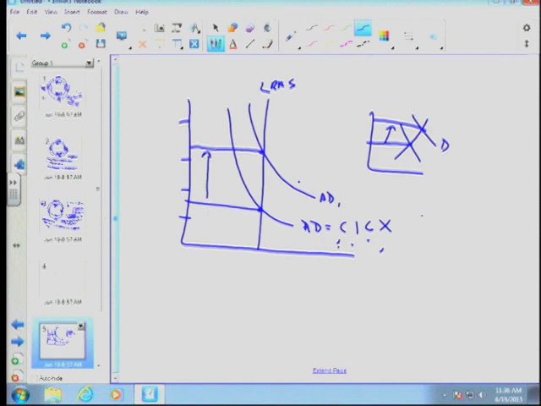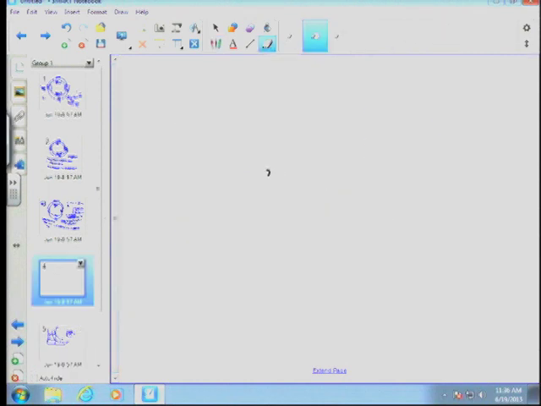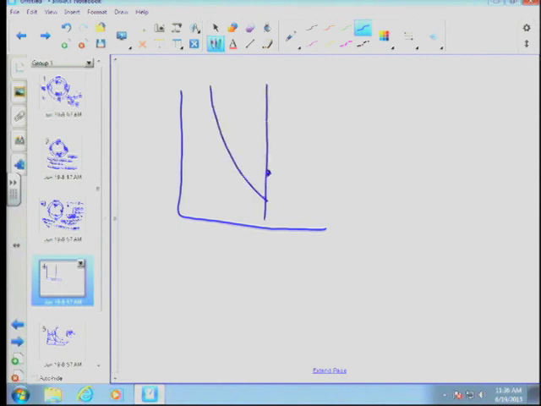Demand pull. Or, what else could happen? If long-run aggregate supply shifts out, that's deflation, right?